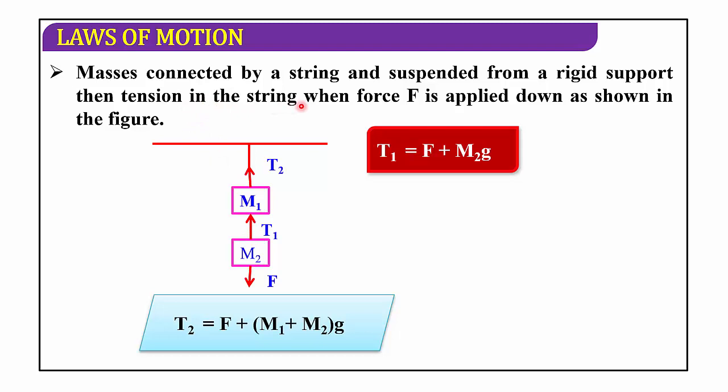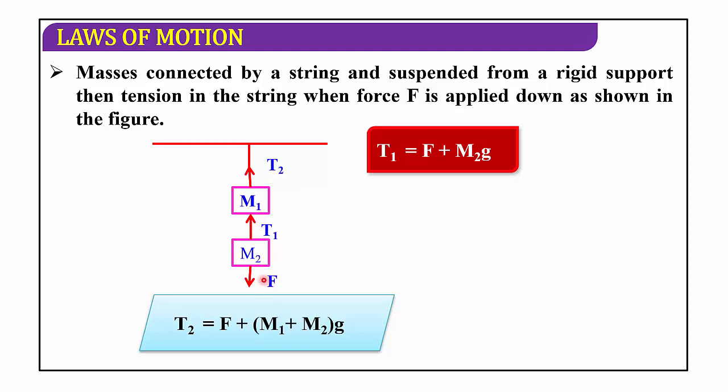Then what is the tension in the string when force F is applied downward, as shown in the figure? If I pull that object in a downward direction, the applied force is downward, you can observe the arrow mark. M1 and M2 are connected by the string so that tension is created upward, T1, T2, because there are two objects here.